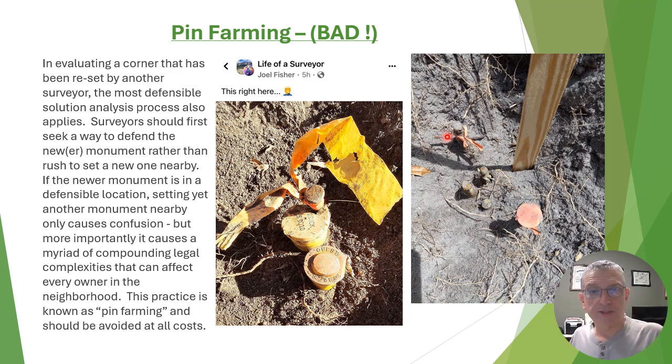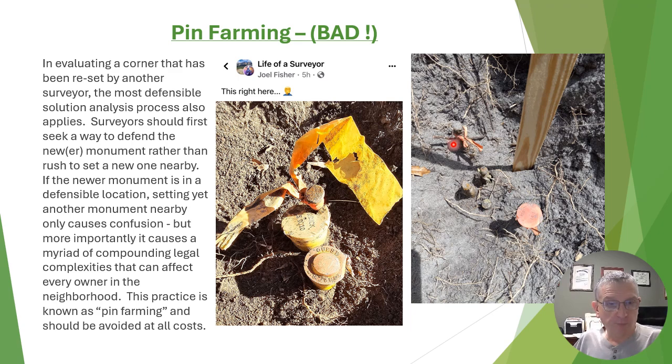Even though, let's say that the distance corner is probably the best solution, that's where the orange capped rebar is. And let's say this pin up in the north is that bearing solution, and it's not so good. If there's one pin there, go with that one pin because you can defend it. And another checkbox or another pro in your list of pros and cons is there was already a monument there. That trumps a lot of lower rationales.